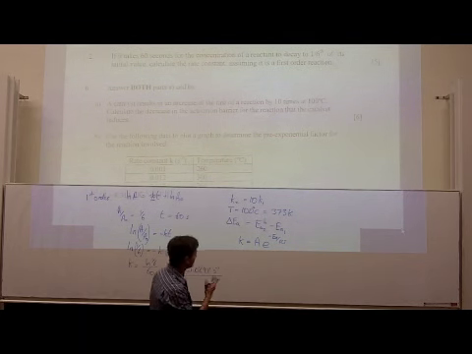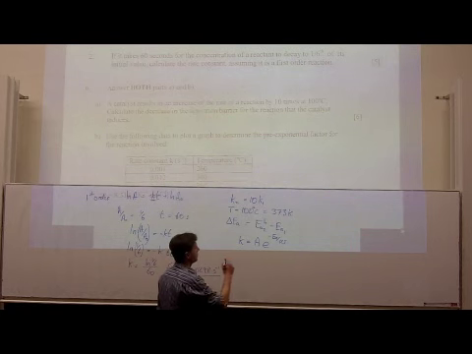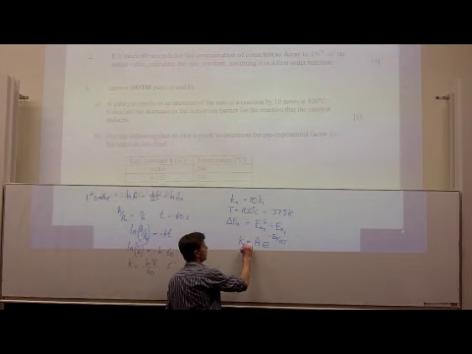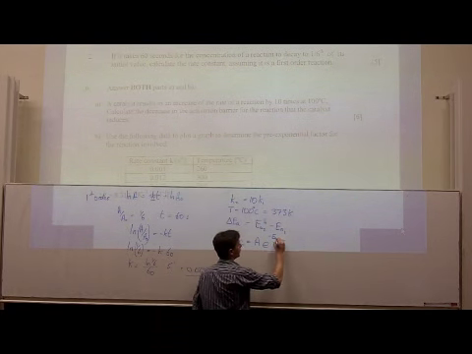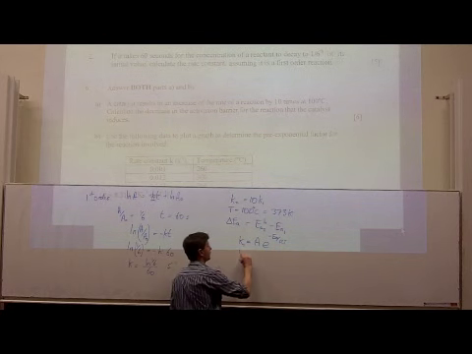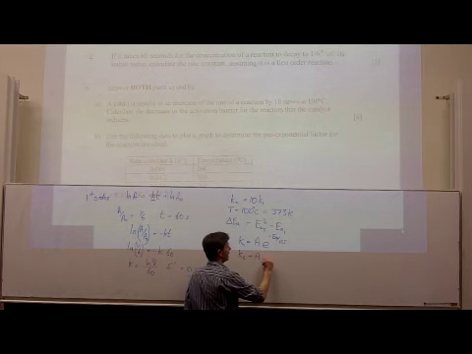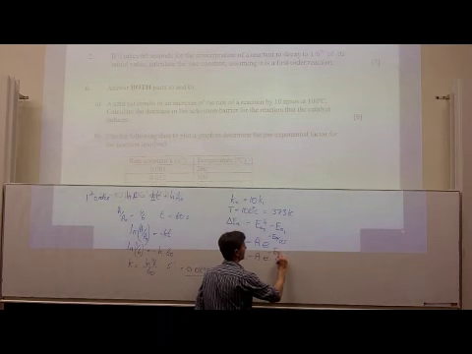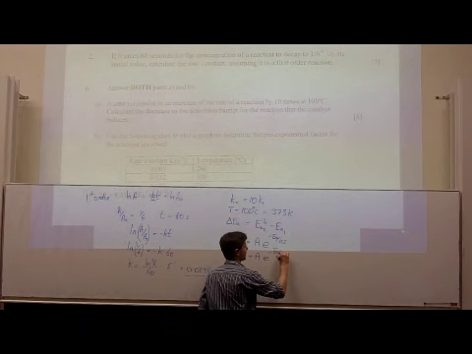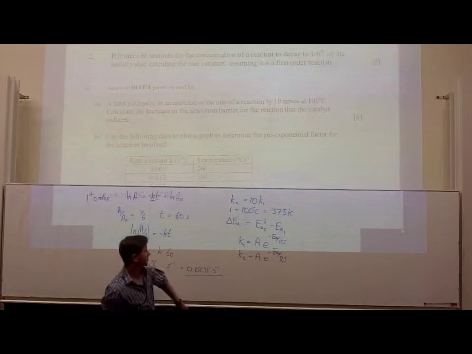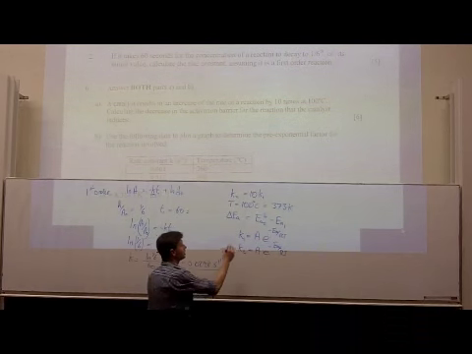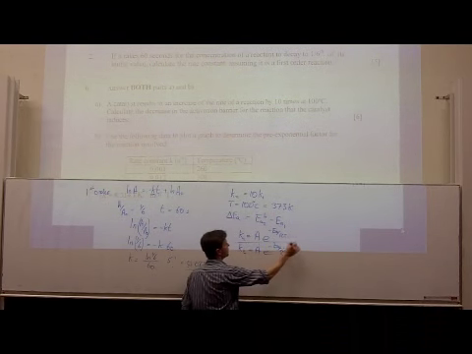In this case, we have to derive a slightly different equation. So we've got K1 equal to A e to the minus EA1 over RT, that's activation energy 1, and K2 is equal to A e to the minus EA over RT, and that's activation energy 2. And what we'll do is we'll divide those two equations.